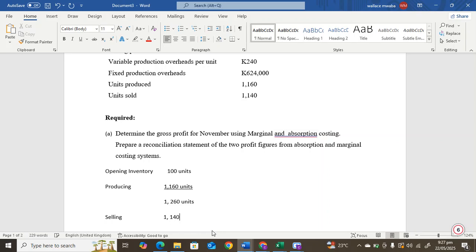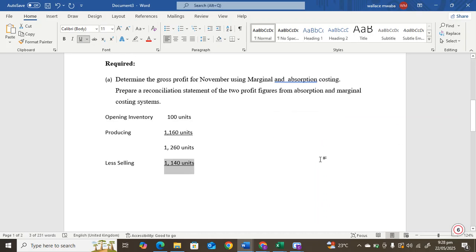With the calculator, 1,260 minus 1,140 is 120 units. So that is our closing inventory.